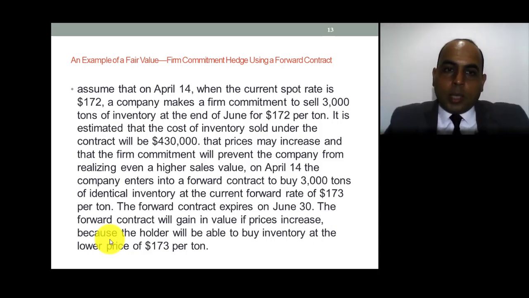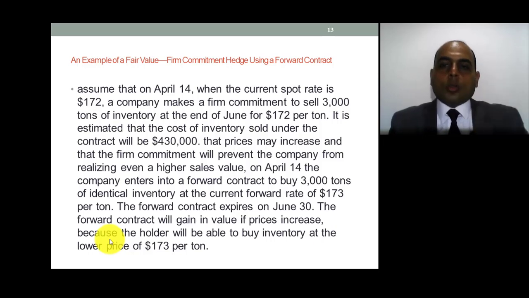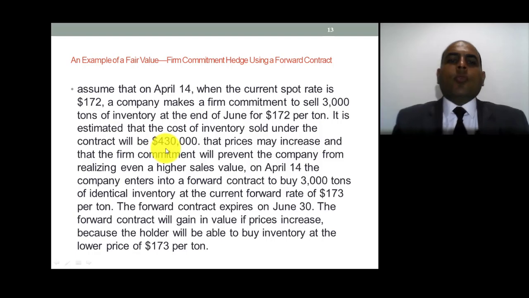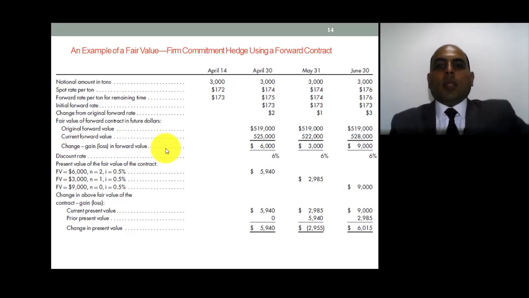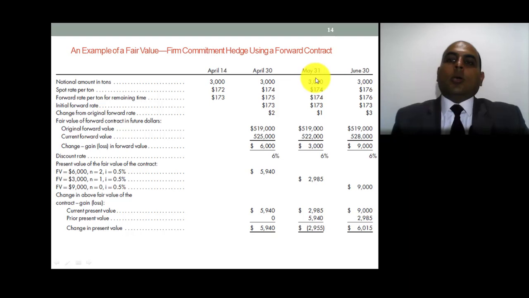In the same line, we have provided a commitment to sell 3,000 tons at $172. The cost of goods is estimated to be $430,000. Let us see the given data on the different dates of preparing the report.